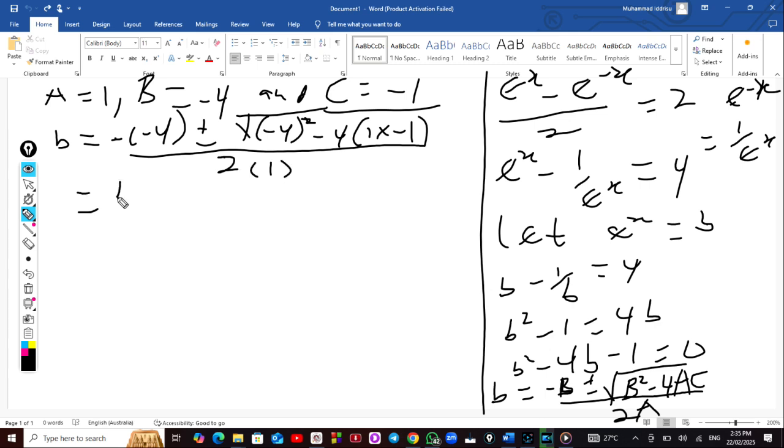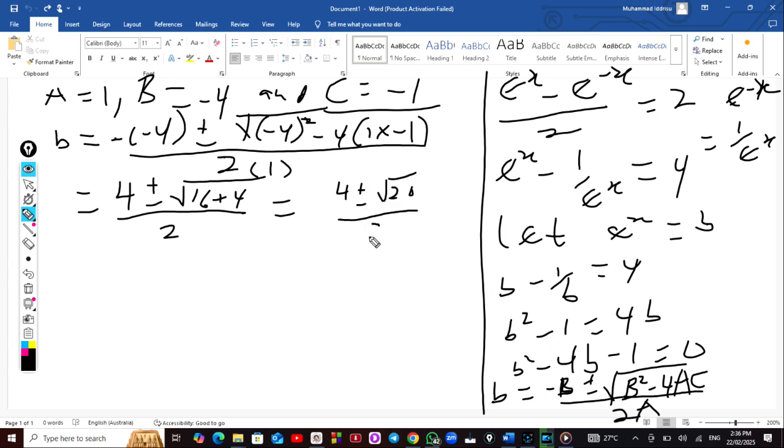So you have 4 plus or minus root of: negative 4 squared is 16, and negative 4 times 1 times negative 1 is plus 4, all over 2. This is equal to 4 plus or minus root 20 all over 2. Root 20 is root of 4 times 5, which is 2 root 5. So we have 4 plus or minus 2 root 5 all over 2.